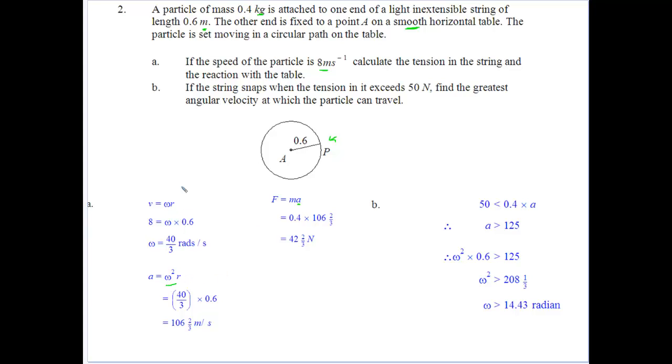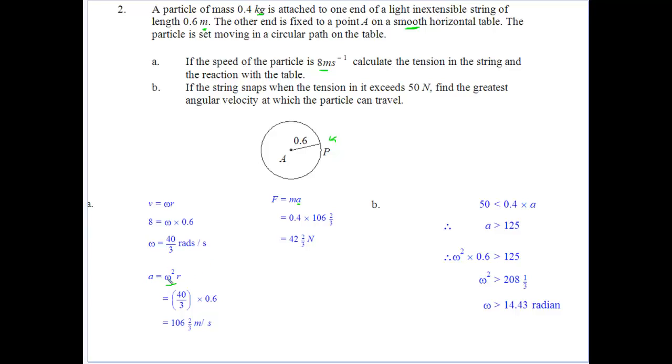We know the mass is 0.4 of a kilogram, the radius is 0.6, and the velocity is 8 meters per second. We can get omega to be 40 on 3, because 8 equals omega times 0.6. Divide by 0.6, and we get 40 on 3 radians per second for our angular velocity.